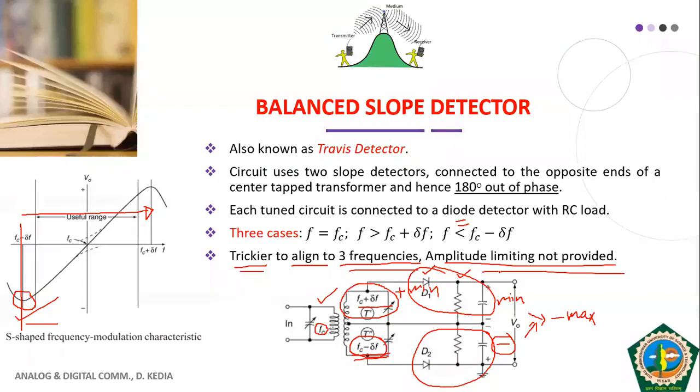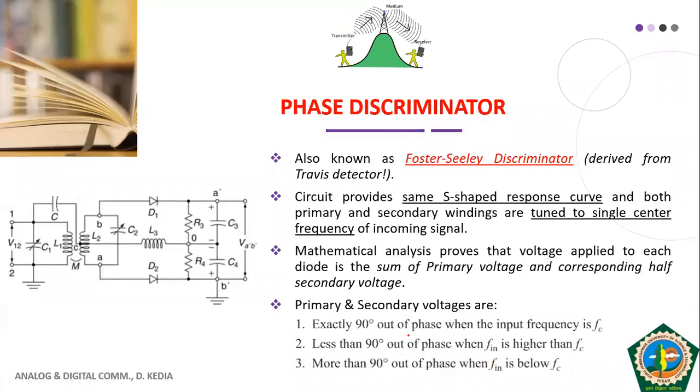So students, after this balanced slope detector, we move to our next topic, that is your phase discriminator. Though this phase discriminator is also not free from all the issues, we are moving from one kind of circuit to another, removing whatever issues or challenges are there in an incremental way, and similarly your phase discriminator is also a circuit in that direction.